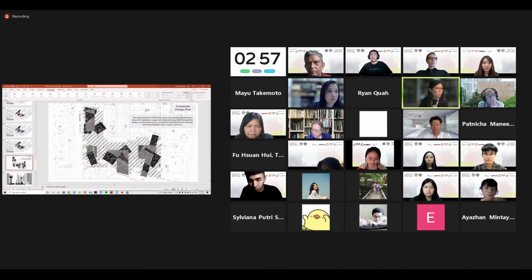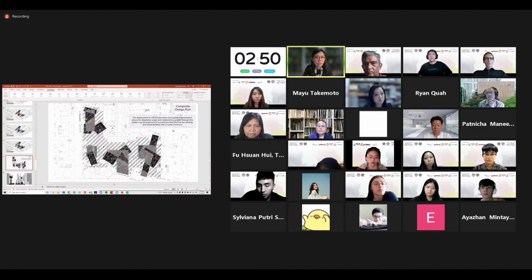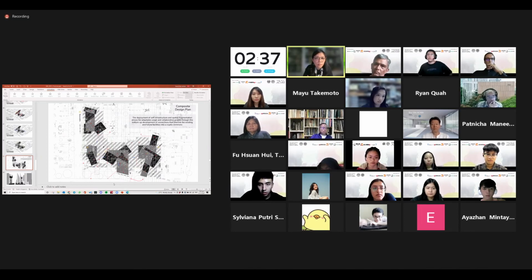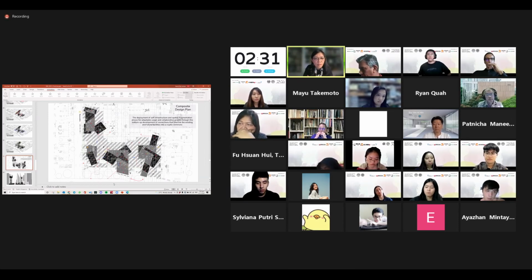I do appreciate your project, but maybe not only for the design itself, it's for the way of your procedure of research. I think it's really a design based on the reading and research. You take some keywords, key ideas to organize this, to transform this existing site or some buildings.